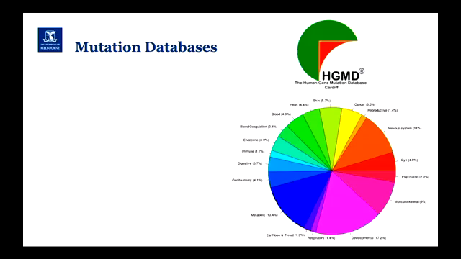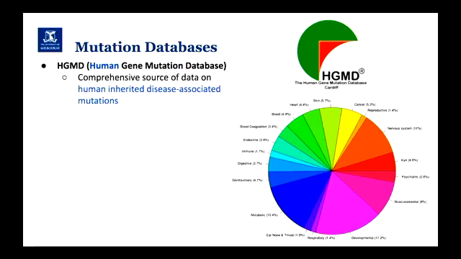Okay? So one of the first mutation databases I'd like to discuss is the Human Gene Mutation Database, which is a very comprehensive resource on data on human inherited disease-associated mutations. It's a data set collected from the literature every 6 months or 3 months, and mostly focused on germline mutations.